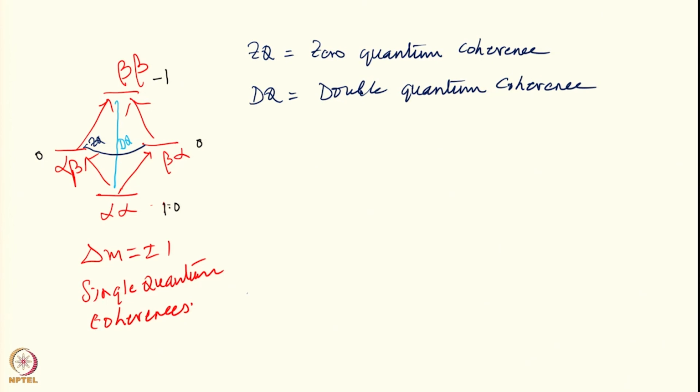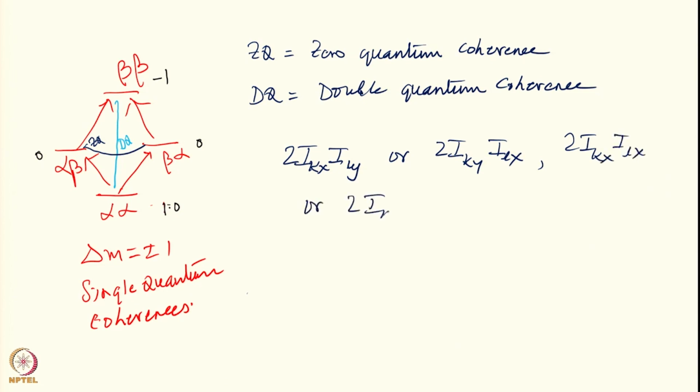You can have things such as 2IKXILY or 2IKYILX or 2IKXILX or 2IKYILY. These terms indicate mixtures of double quantum plus zero quantum coherences.